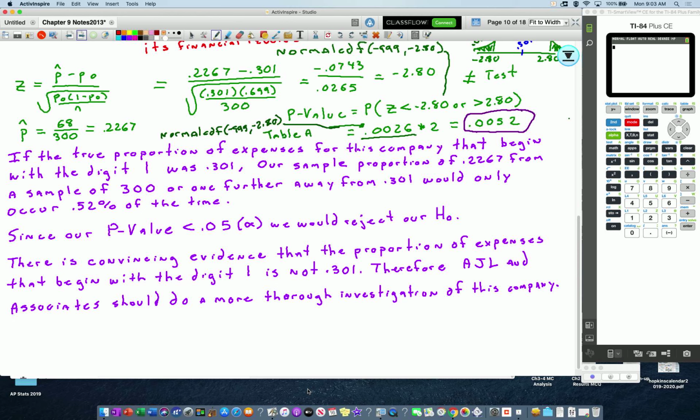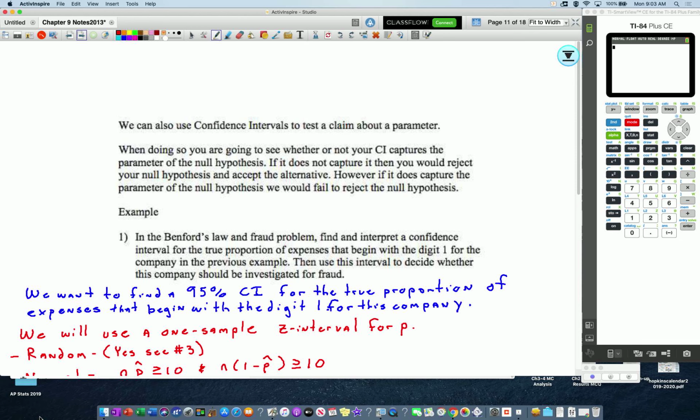Whew. All right, so there's just one more, and it's still working with this particular problem. What's really cool about tests of significance is that technically you can use confidence intervals to test the claim about the parameter. In order to use a confidence interval, you basically check to see whether or not your confidence interval captures the null hypothesis.